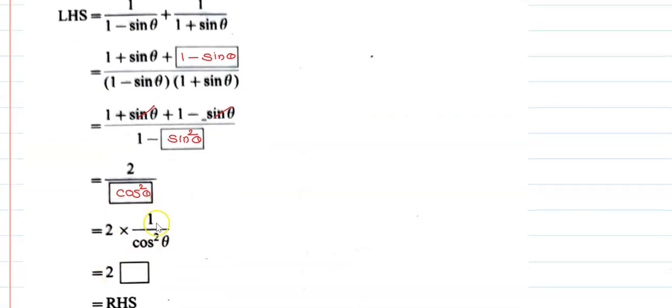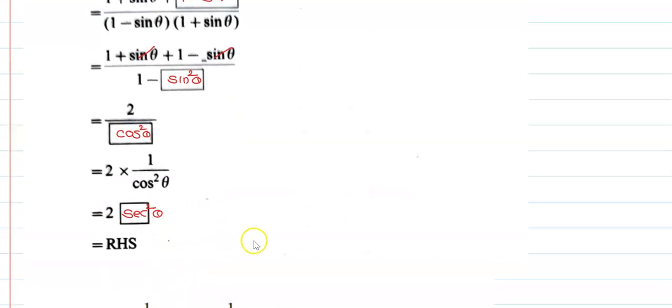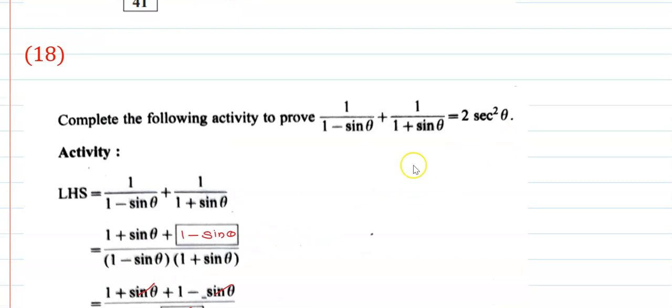That is 2 upon 2 into 1 upon cos square theta. But again, what is the reciprocal of cos? It is sec theta. Therefore, 1 upon cos square theta, its reciprocal is sec square theta. And this is nothing but the RHS. And hence, we have proved this by using this activity.